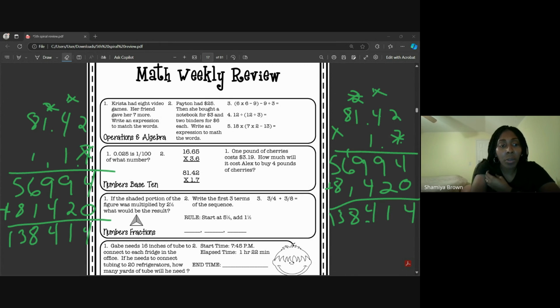Yep, I had it right. I just had to make sure. So 3 digits after my decimal, because I have 3 digits after my decimal up here. So 138 and 414 thousandths is my answer.